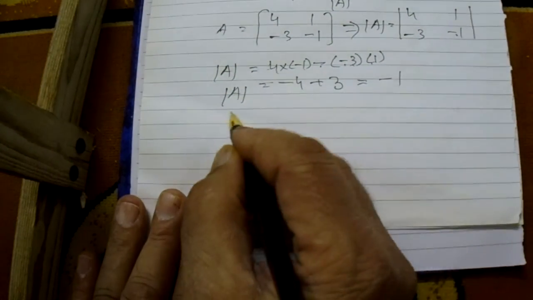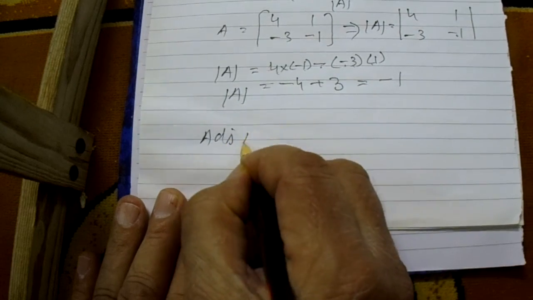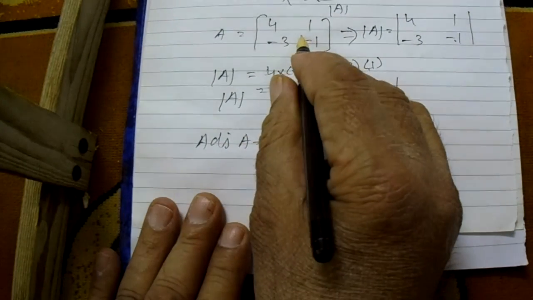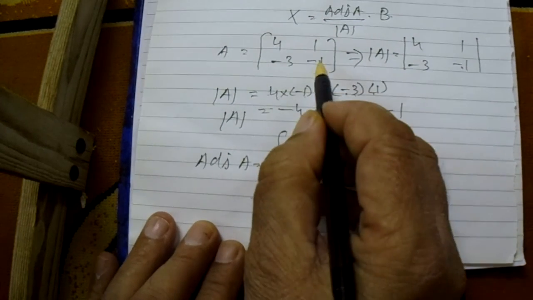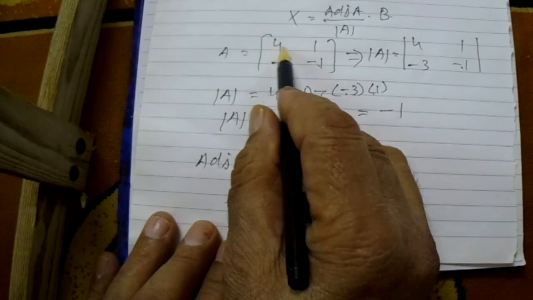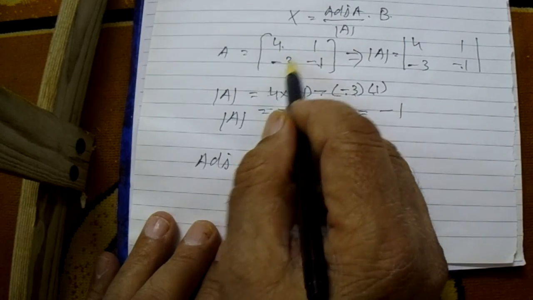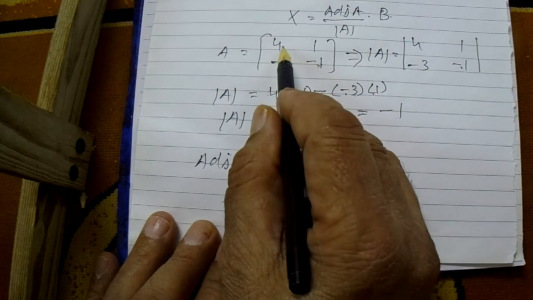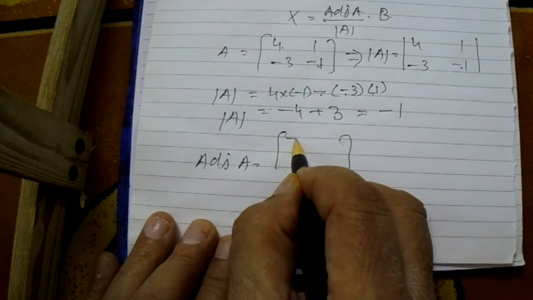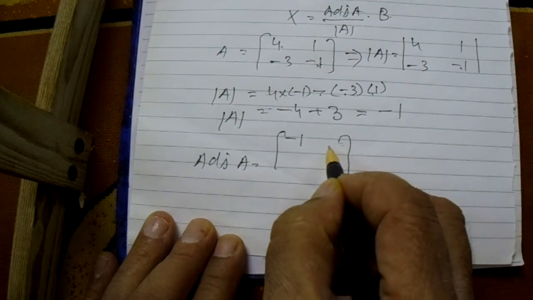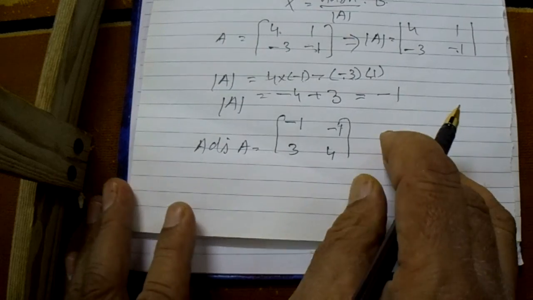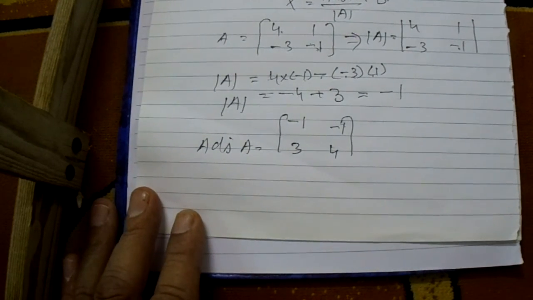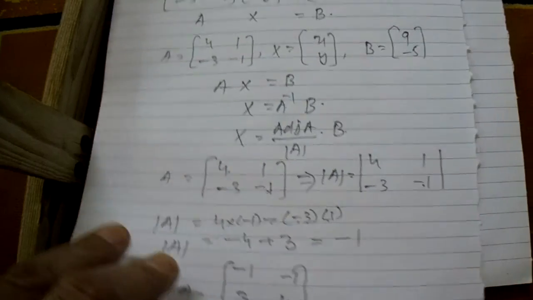Now we find adjoint A. We have written this matrix A. Adjoint A means we interchange these values and change the sign of the other diagonal. This minus 1 here and 4 here: minus 1 and 4, minus 1 and this minus 3 becomes plus 3. Now this is adjoint A. Now we put these values in this form.